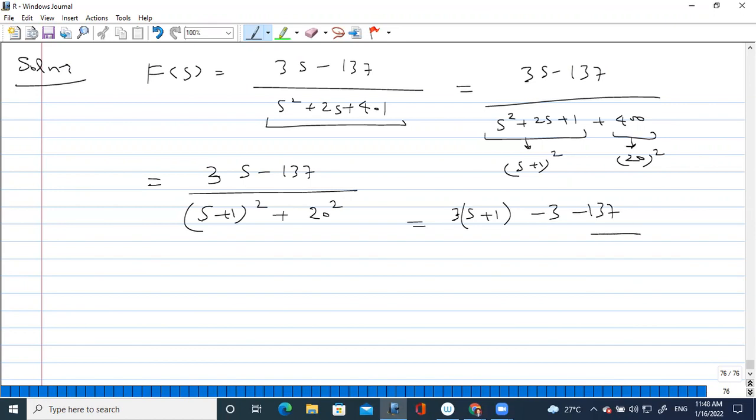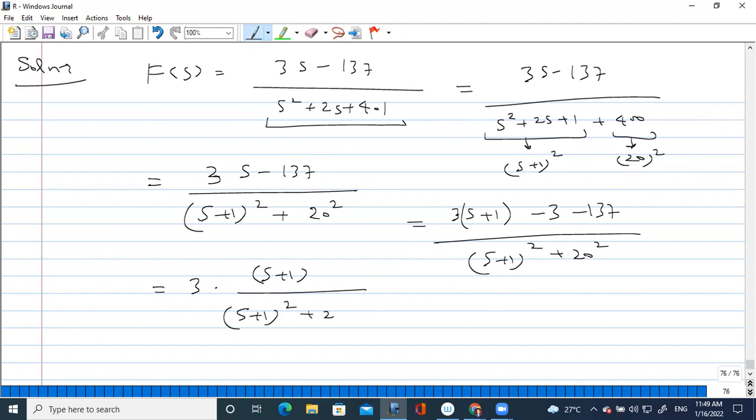Then it will be 3 into (s plus 1) divided by (s plus 1) whole square plus 20 square, minus 140 into 1 divided by (s plus 1) whole square plus 20 square. Okay, now these 3 and 140 are constants.